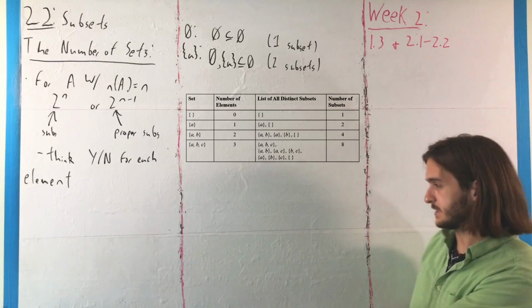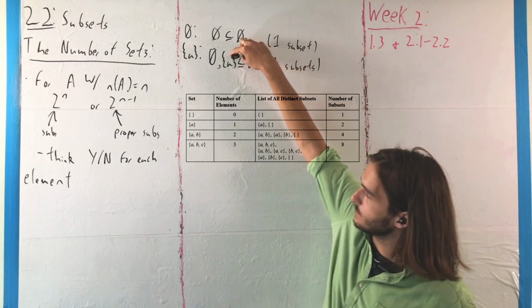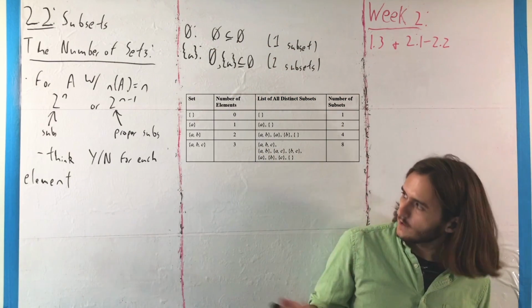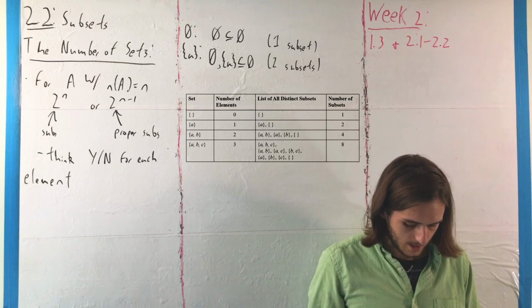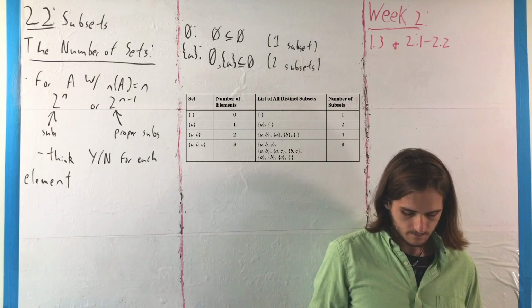If we have to do proper subsets, then we get all those choices except for the main one, where we say yes to everything, because we can't include that, in which case we just knock off 1, so we have 2 to the n minus 1 possibilities.